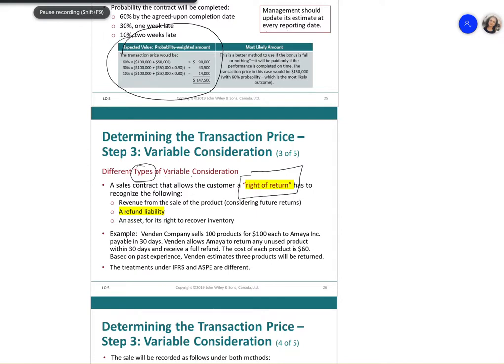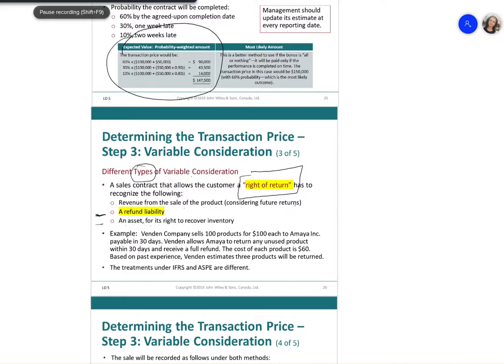In the agreement, the contract allows the customer a right to return, and the seller has to recognize the following. They said that you can return within 30 days. So in this case, revenue from the sales of the product considers future returns. We have to record a refund liability and an asset for its right to recover inventory.